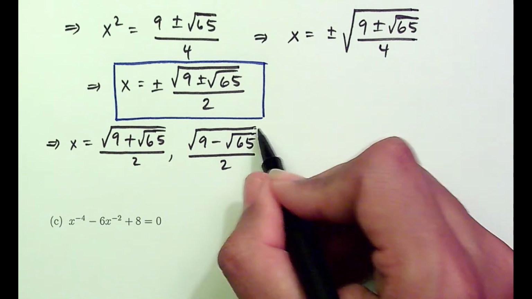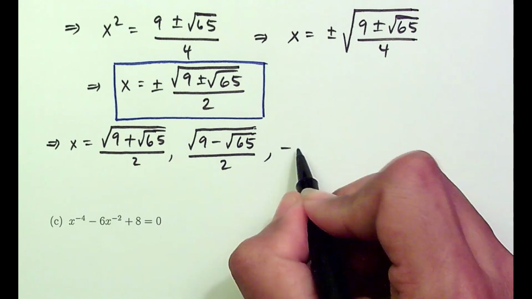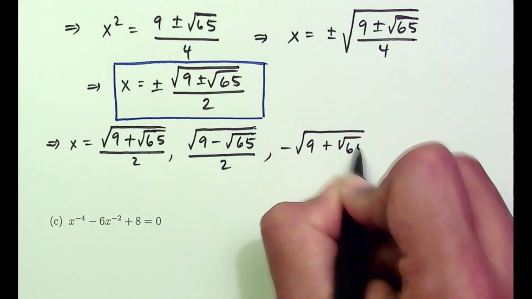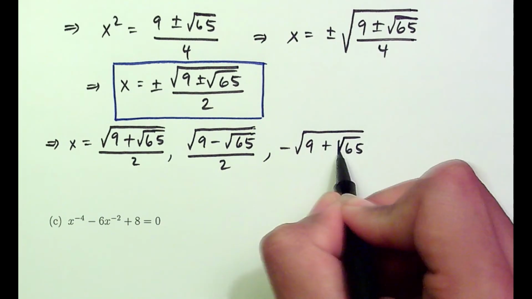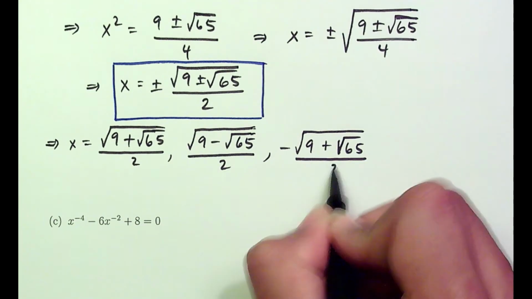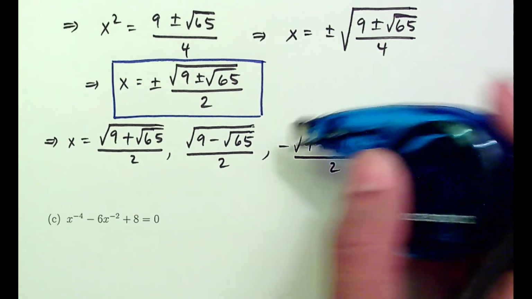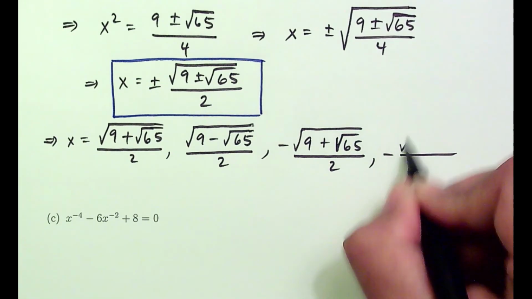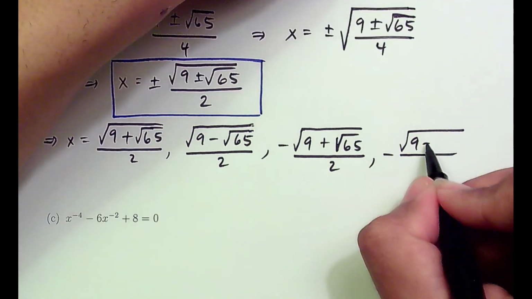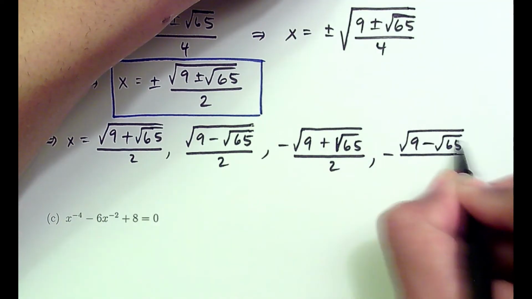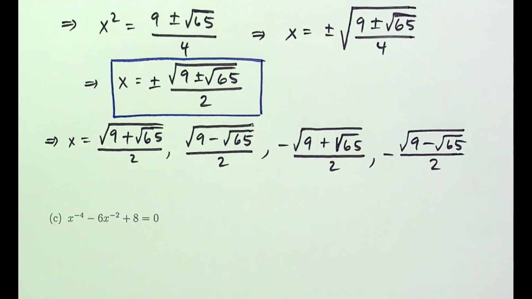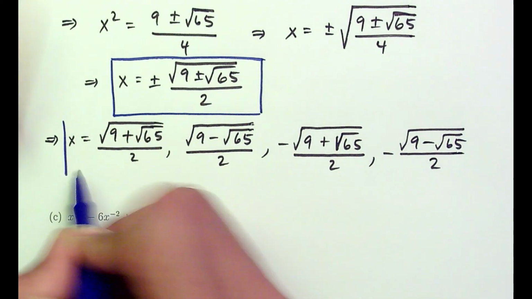The next one could be when you have the outside negative and the inside positive. So negative square root of 9 plus square root of 65, all that over 2. Okay, and then the last one is when both are negative. So negative square root of 9 minus square root of 65 over 2. And there is a list of all the 4 solutions.